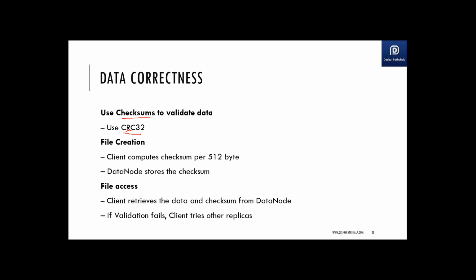Checksums keep running at the backend. If the block that was meant to be on 1, 2, and 3 is found corrupted on data node 2, the name node gets this information and at the backend informs data node 1 or 3 to copy it to some other data node, and the corrupted block is deleted from 2. That kind of process runs at the backend to ensure the data is correct and proper in the cluster.